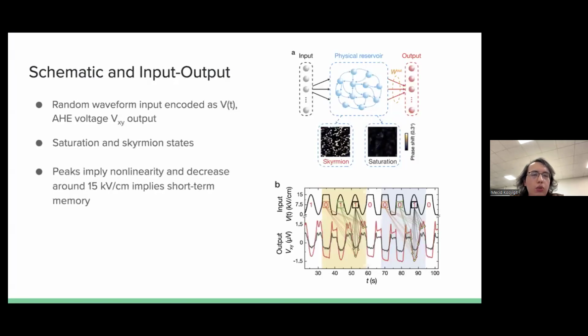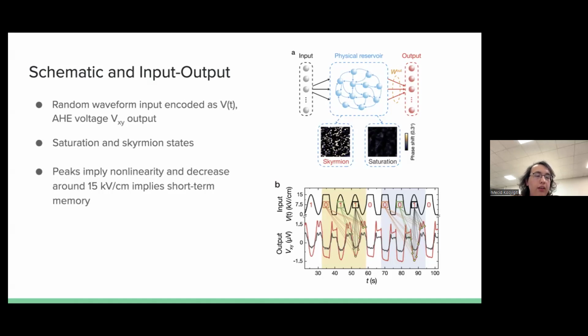These two states are behaving as two different physical reservoirs, so we can compare them. Of course, we have some MFM images again of the Skyrmion state and the saturation state.